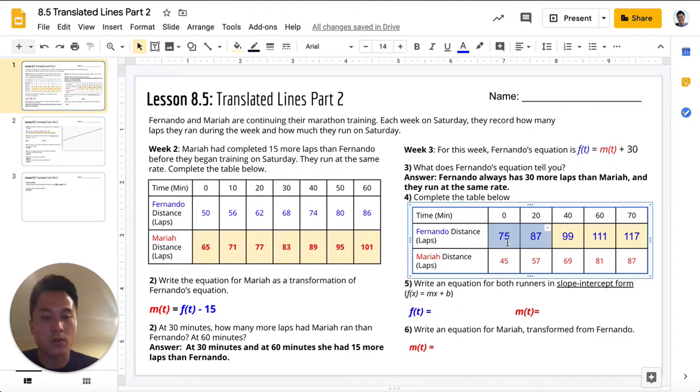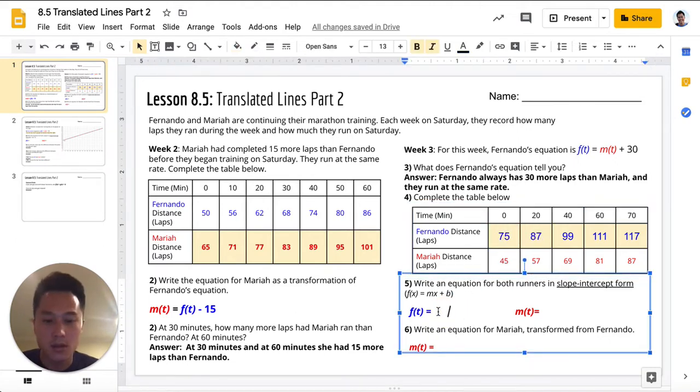The difference between 75 and 87, that's 12 laps. So it's 12 laps every change in x, which is 20 minutes. So that's our slope, 12 over 20. Plus the y-intercept, at 0 minutes, he had 75 laps.